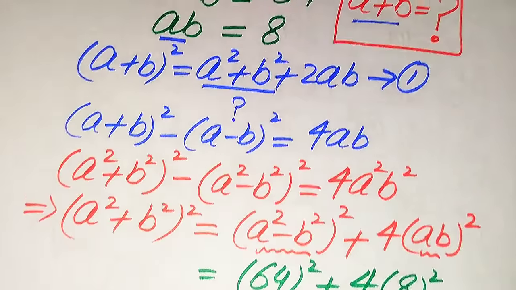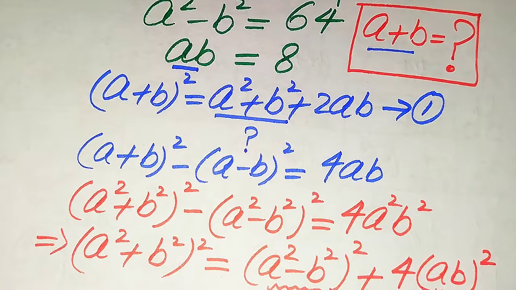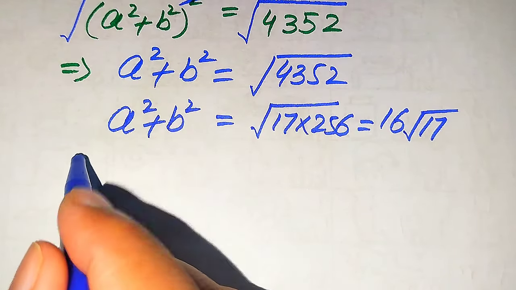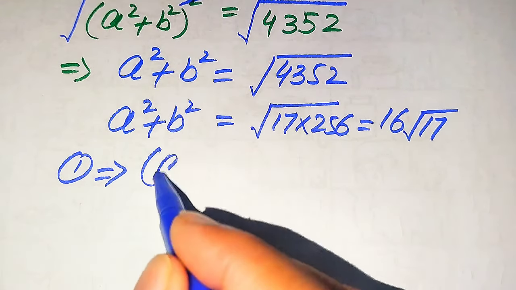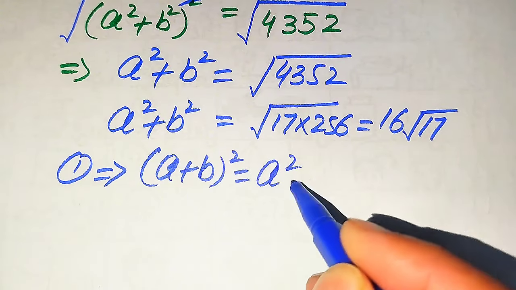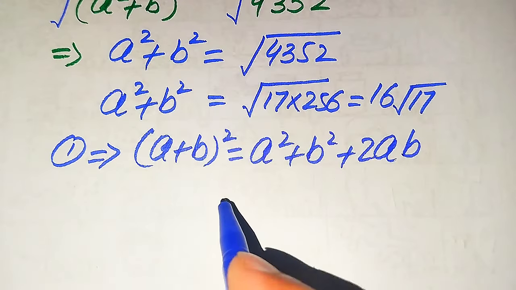Now we need to copy down equation number 1. So this will be written as (a plus b) whole square equals a square plus b square plus 2 times ab.